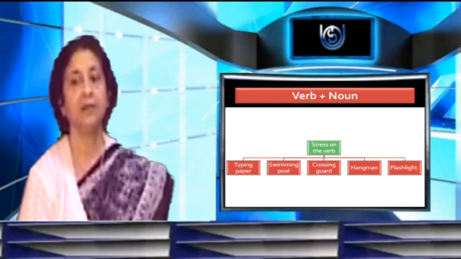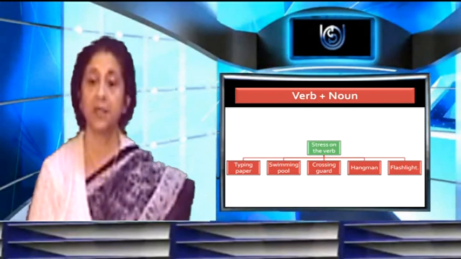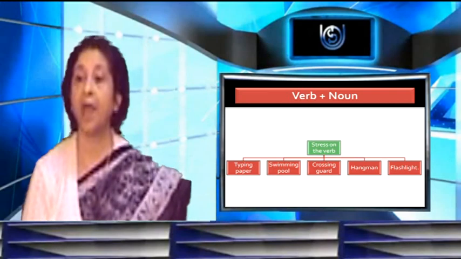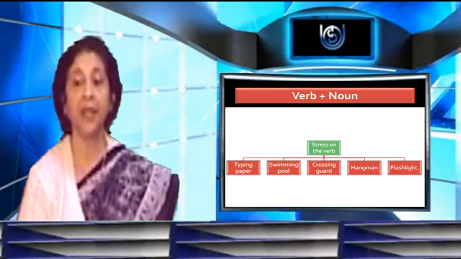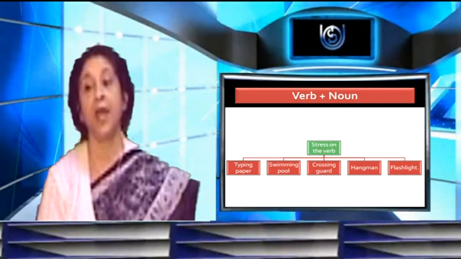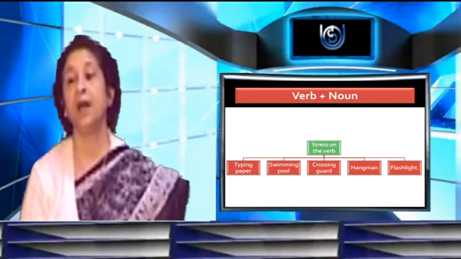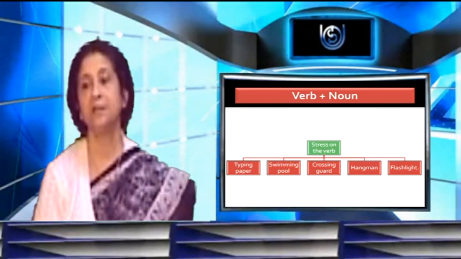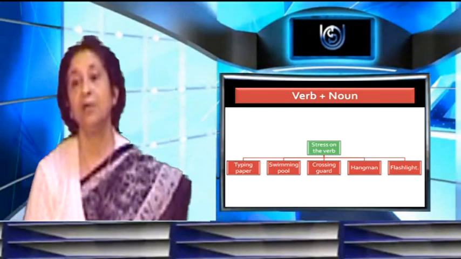Crossing guard: crossing is verb, guard is noun, but the stress is on crossing. Hangman: hang is the verb, man is noun, so stress is on hang. Flashlight: flash is verb, light is noun, so here stress is on the verb.